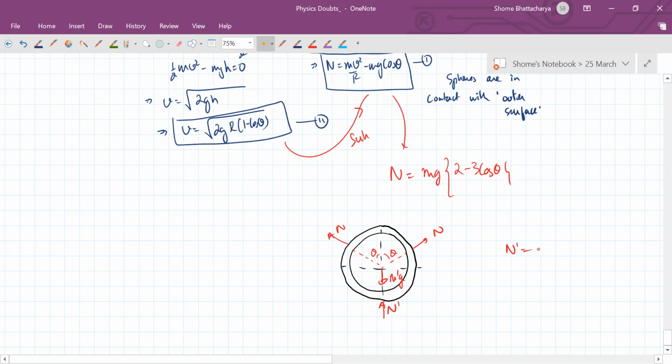So normal reaction with the ground is its own weight minus 2N cos theta.